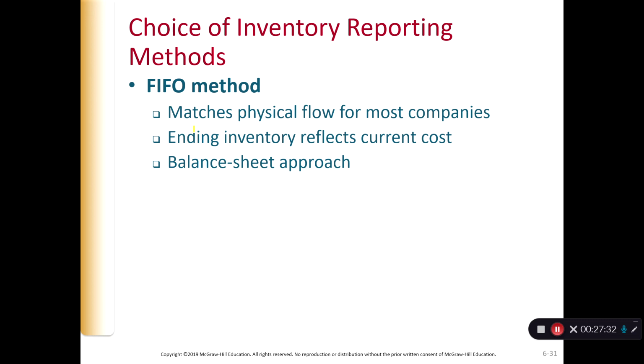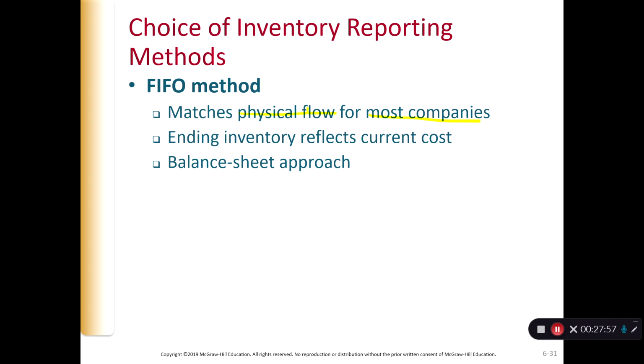The FIFO method matches the physical flow of most companies. For example, if you are a grocery shop, of course you want to sell the product that you purchased earlier than later, right? Otherwise you will experience spoilage. If it's an old carton of milk, you want to sell it as fast as you can.